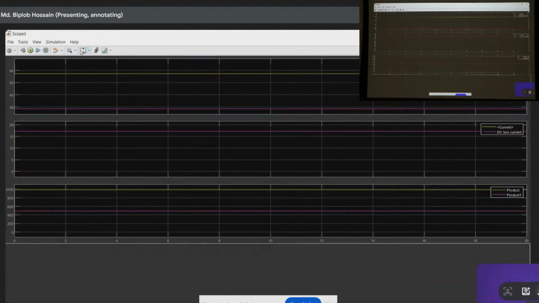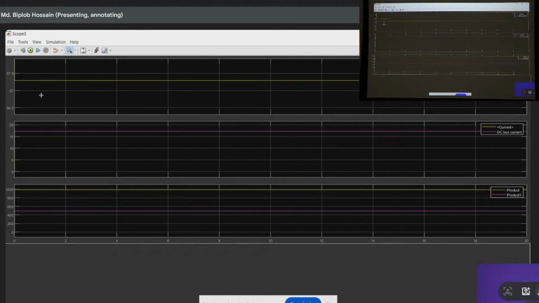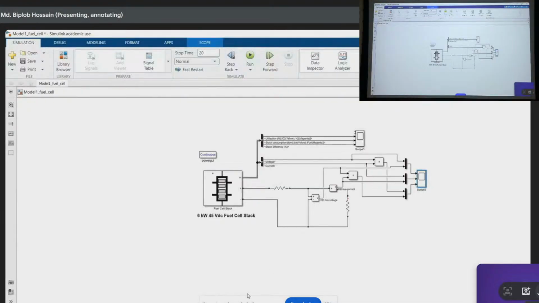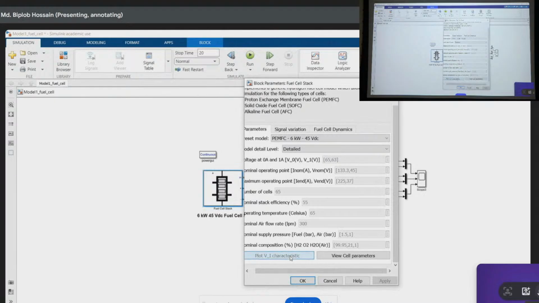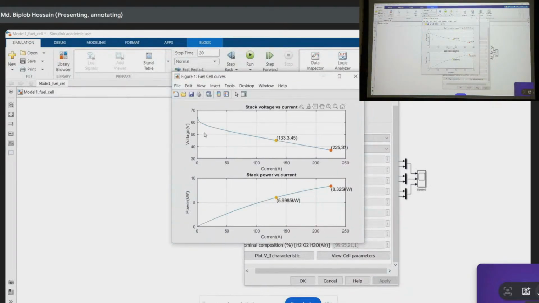But if we see our results, so if we zoom in a little bit, our fuel cell operates at like 57 volts. So if we go back again to this plot, 57 means like, I think, we can assume this point, 56, 57.